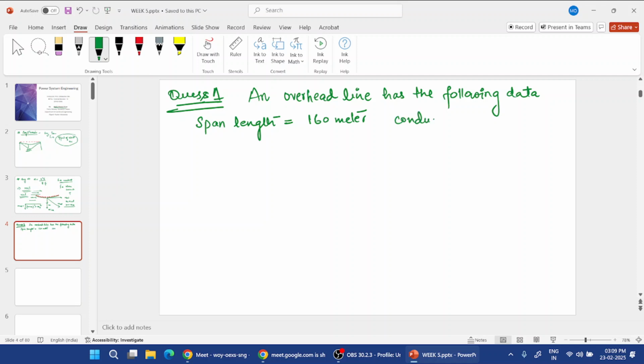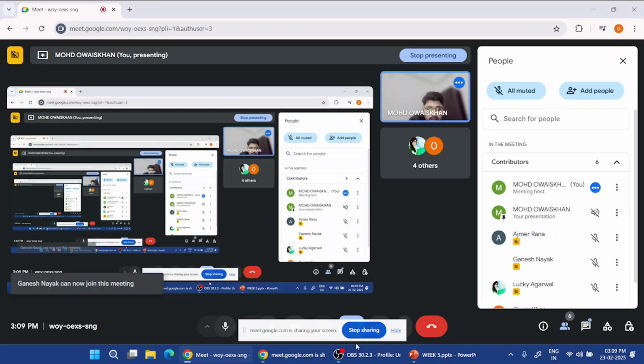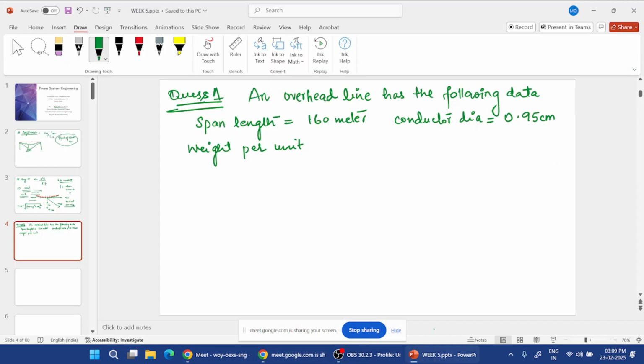Conductor diameter is 0.95 centimeter. Weight per unit length of conductor is 0.65 kilogram per meter.